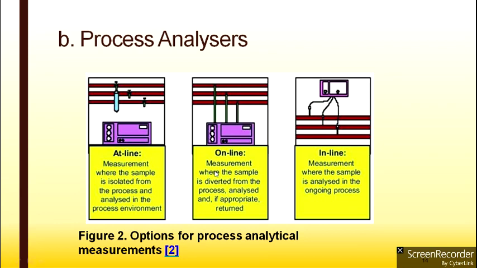Online is where your sample from the process is analyzed, and if appropriate, you go ahead with the process. If it is right, you go ahead. Inline is where the sample is analyzed before going into the process.